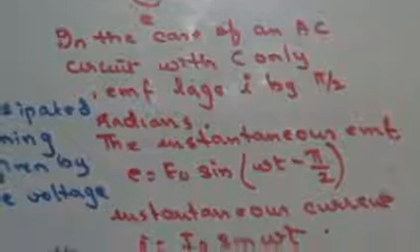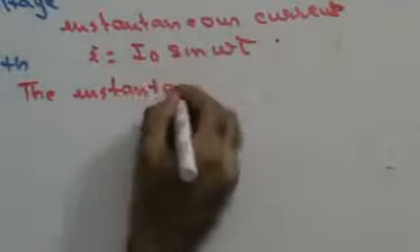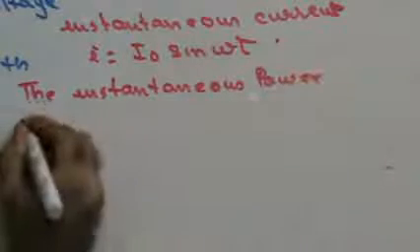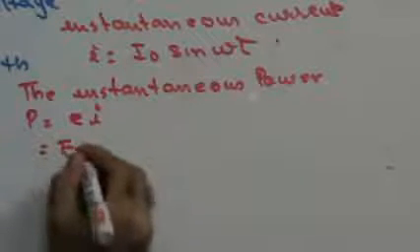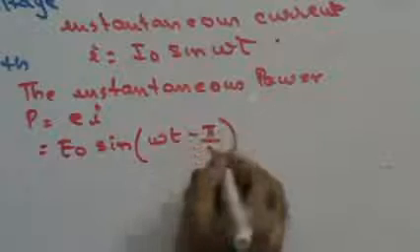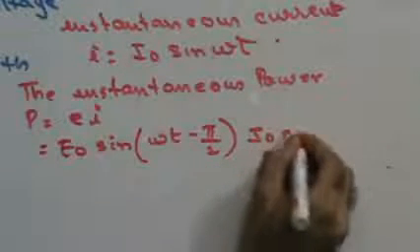Right? Now, the instantaneous power in the circuit P is going to be the product of EMF into current. So this is going to be nothing but E0 sine omega t minus pi by 2 into I0 sine omega t, right?